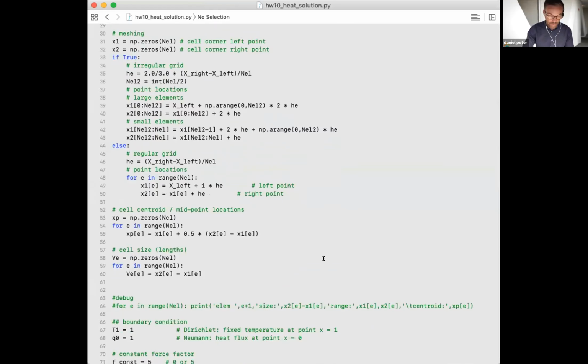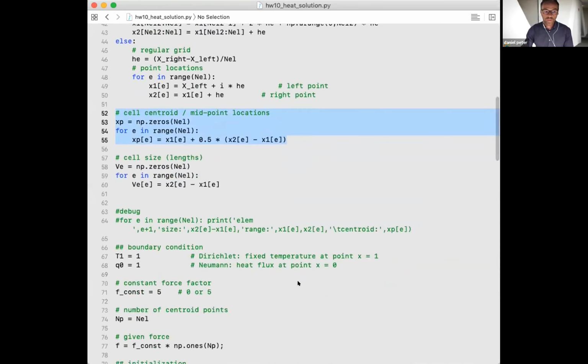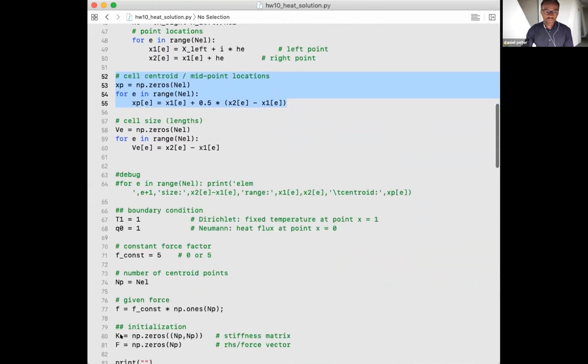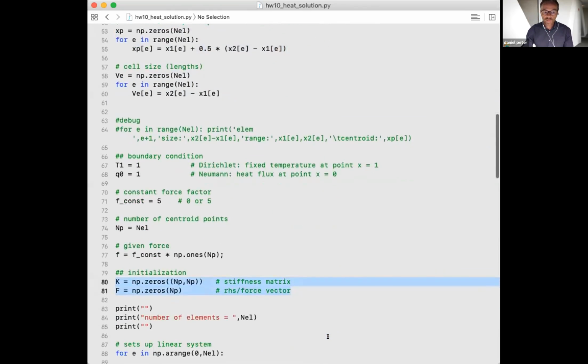What we would need, for example, are the centroid positions, which are just the midpoints for each cell. And then we can start basically creating our stiffness matrix and the right-hand side force vector. And so your part will then be to basically construct what are these local contributions from each grid cell, put them into this matrix form, and then solve the matrix form with a linear solver.